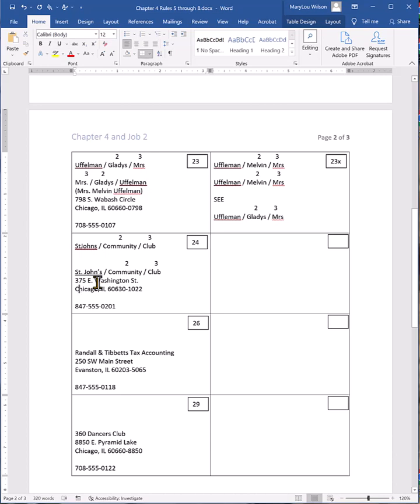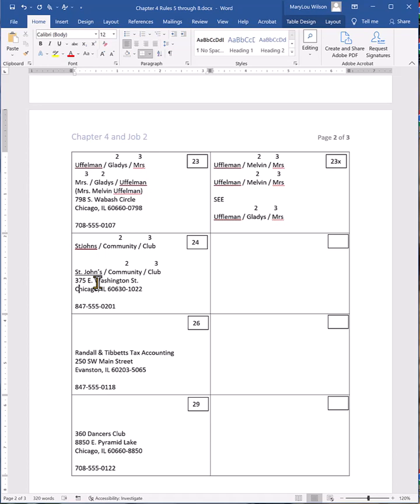Now, here's a note to you. If you will keep page 3 of your student instruction manual in front of you, under Rule 6, it gives you a list of particles and articles that will be used in our jobs. So if you see any of these particles and or articles, you know that they're going to be pushed together with the word that follows it to make one unit.